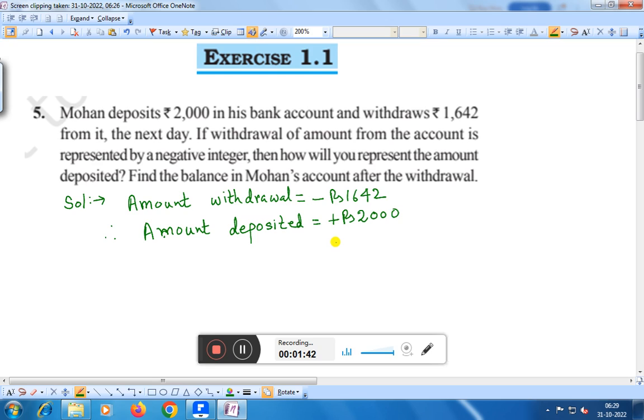Right? Find the balance in Mohan's account after the withdrawal.